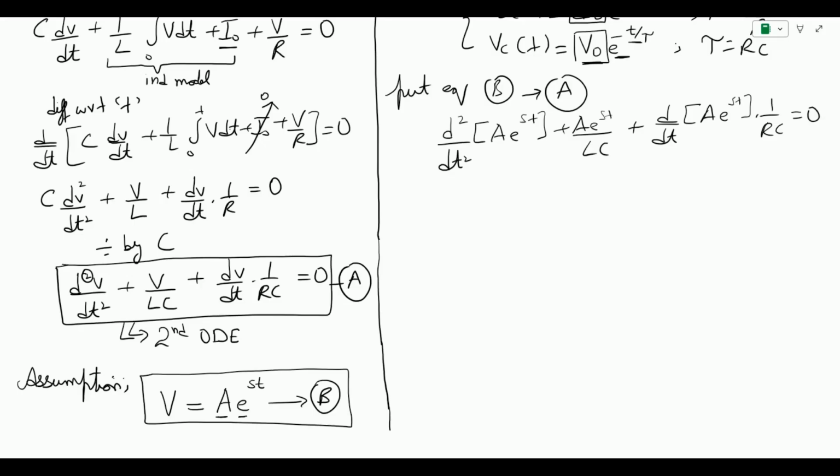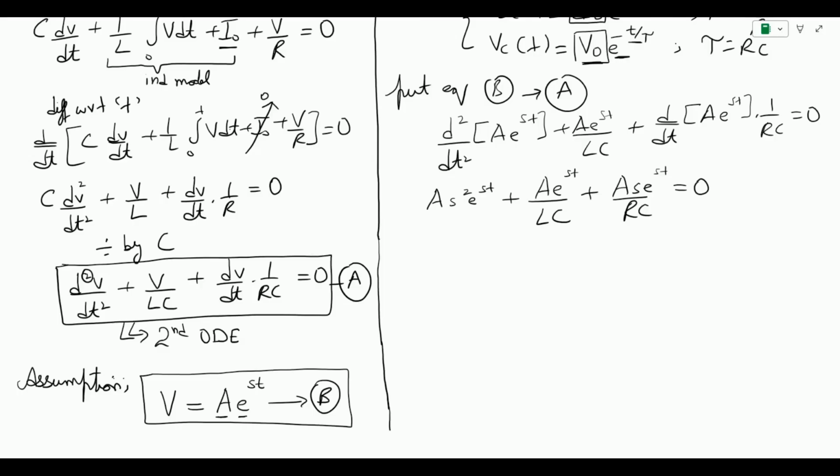Now once we do the differentiation, the first term comes out to be A s square e raised to the power s t, which is the second derivative, plus A e raised to the power s t divided by LC, and since A is a constant, the derivative of the last term becomes s e raised to the power s t divided by RC, equals 0. This is the equation I am getting after differentiating.